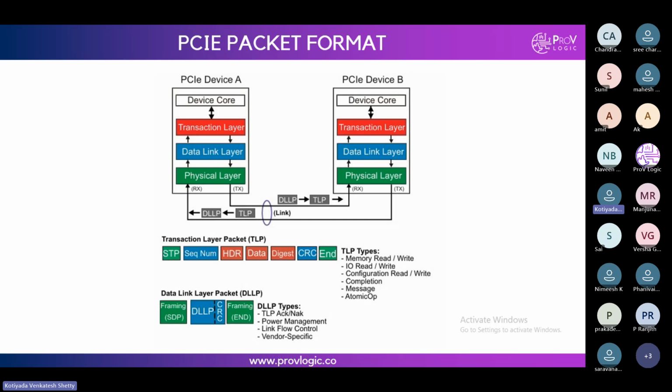In the PCIe electrical path, there are certain voltage levels, 0 to 3.6 volts. When the capacitor achieves the 0 to 3.6 voltage, the detect happens, so the device is connected. Next, it needs to achieve the clock, meaning synchronization should happen. If you want to send any transfer, you need synchronization. Only if there is proper synchronization can you send transfers. That's why initialization happens from the physical layer only.